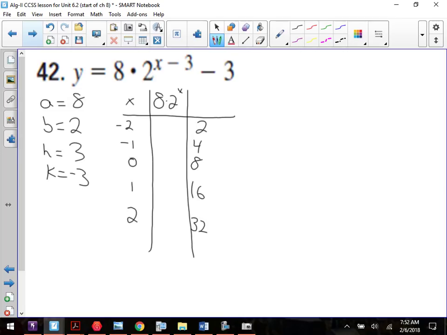And that kind of gets us going on that. From there, we just take the h and k's and add them in. Well, we can do our little rough sketch first.